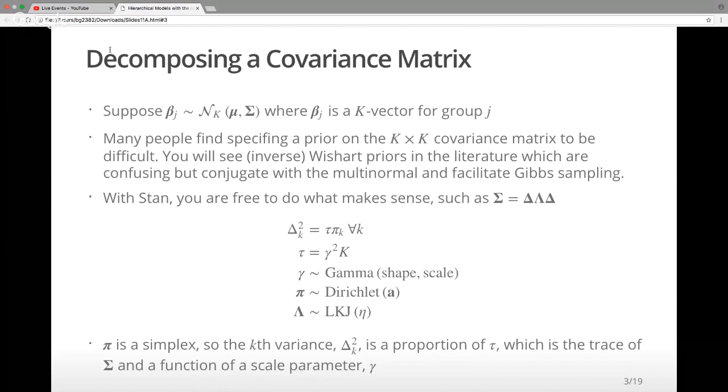So when you break things down into parts, try to do so in a way where your belief about one part is not that influenced by your beliefs about the other parts, and then you can just multiply everything together, and you get reasonable prior beliefs about, in this case, the variance covariance matrix sigma.